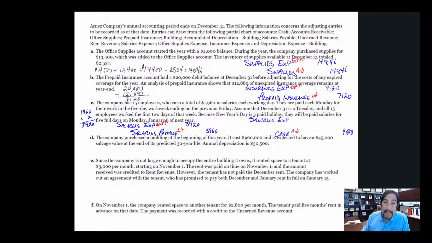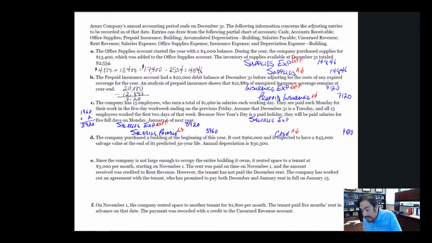On a normal payday, we would record a debit to salary expense for the same $9,800. But this is not a normal one. This one, they only worked Wednesday, Thursday, and Friday in the new year. They worked Monday and Tuesday in the prior year, and we already recorded that on December 31st.